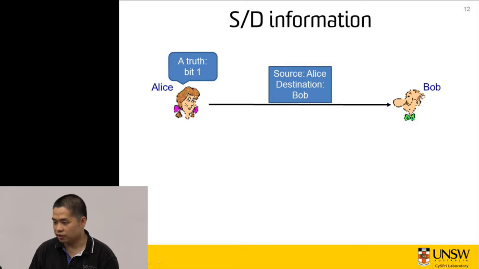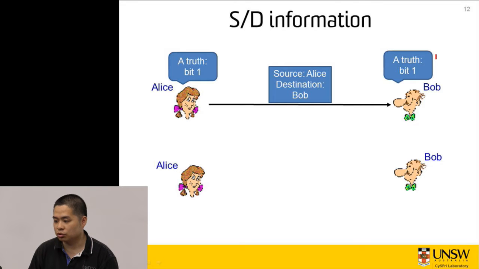Once Bob receives it, because Bob is the receiver and he checks the source destination information of the packet, it matches the actual behavior. So he will know that Alex tried to send the shared secret bit 1 to him. That's how Alex established a shared secret bit in the SD information with value 1.